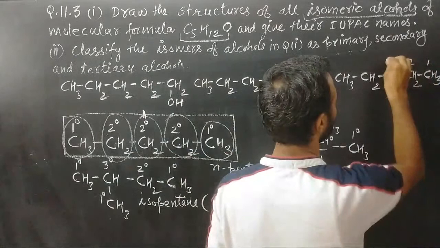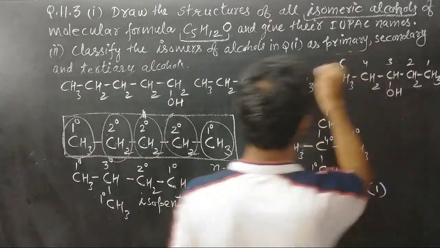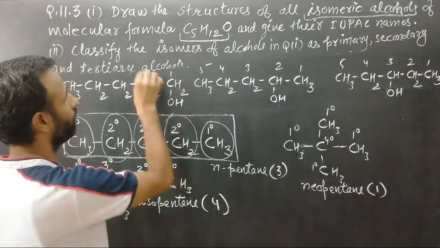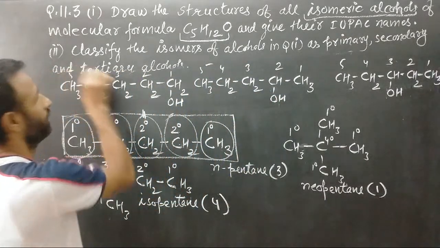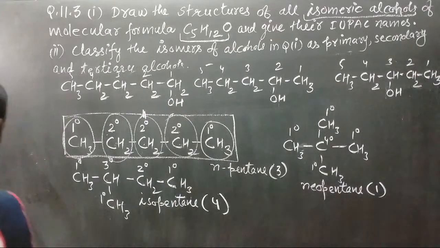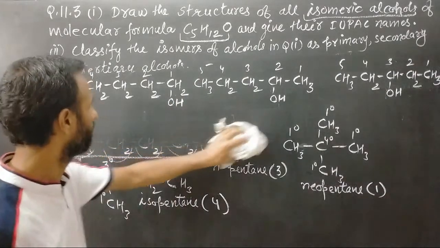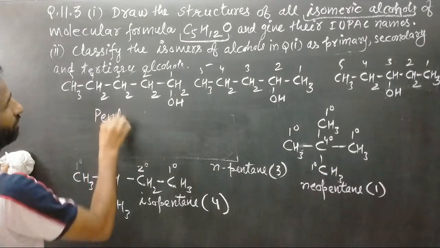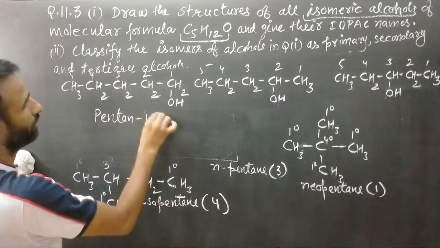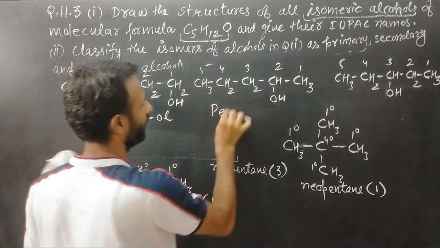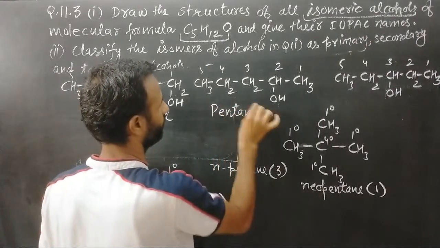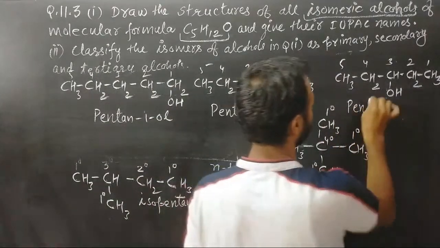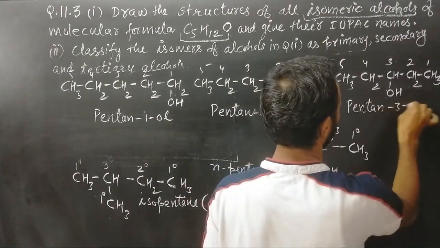See, 1, 2, 3. 1, 2, 3, 4, 5. Means 2-ol. So pentane 1-ol, pentane 2-ol, and pentane 3-ol.